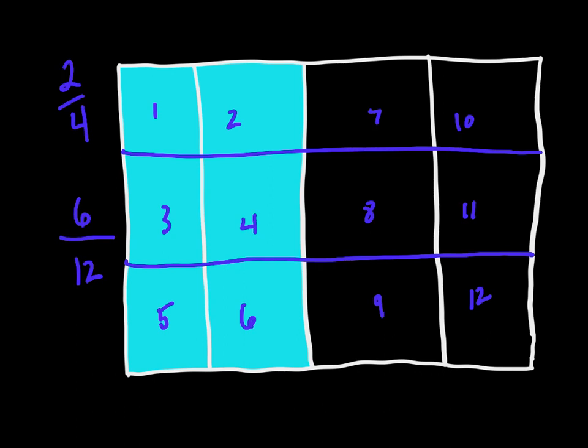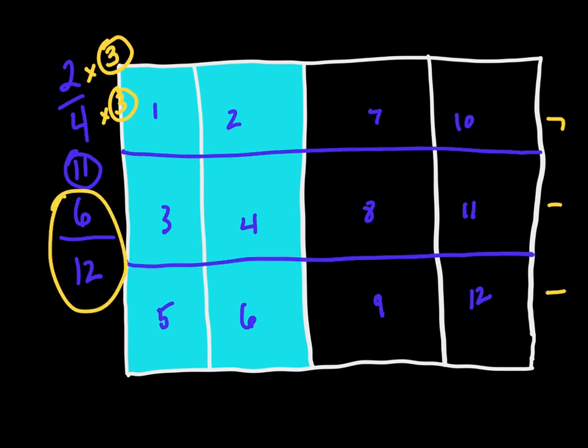So this area model is showing that 2/4 and 6/12 are equivalent with each other. What did I do to the top and the bottom? I multiplied the top and the bottom by 3, because now I have 3 rows. And once I multiply the top and the bottom by 3, we get 6/12. So 2/4 and 6/12 are equivalent fractions.